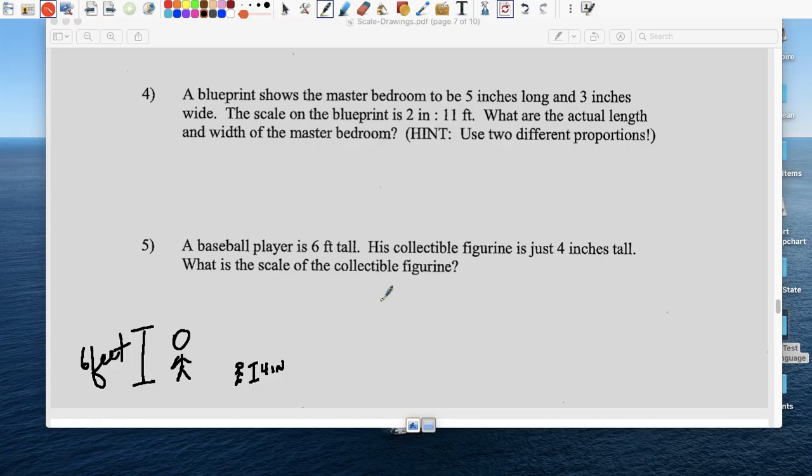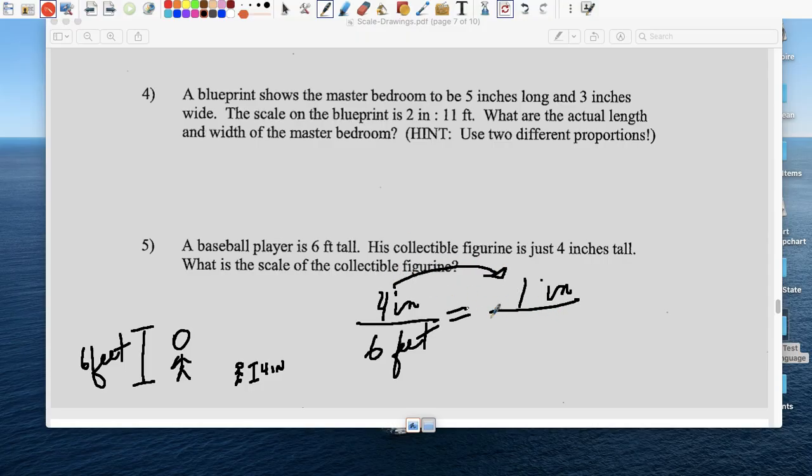Well, let's write the relationship that we know. We know that 4 inches in the figurine corresponds to 6 feet of his height, right? So we want 1 inch, because it'd be easier to understand and easier to see. So how did the 4 change that?